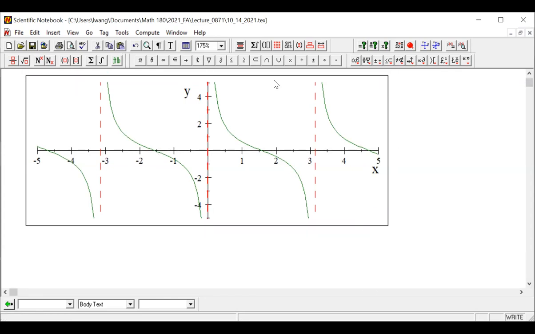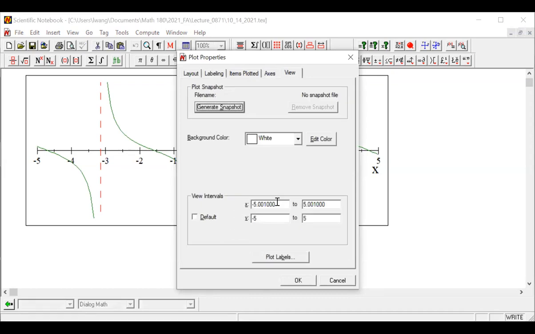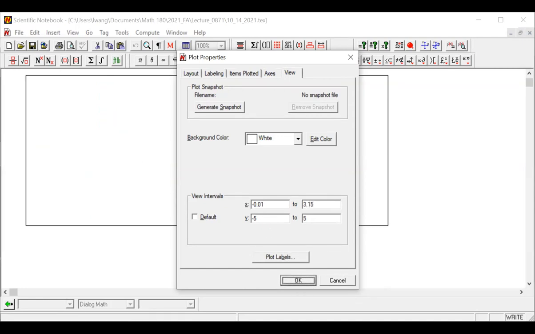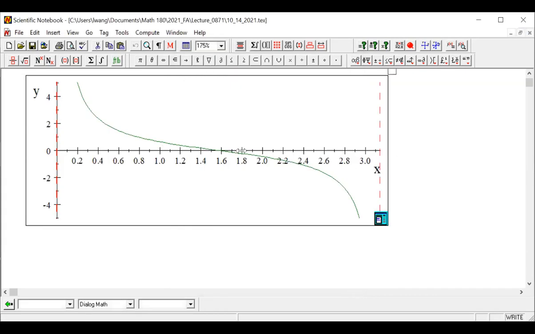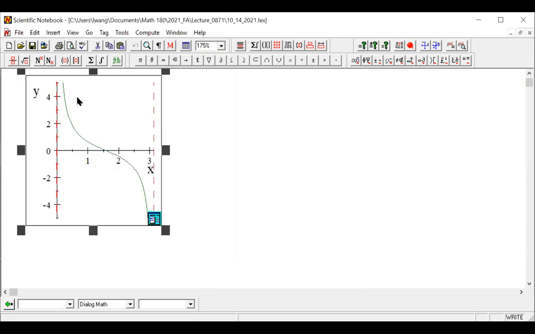I'm going to truncate by limiting the view. That's the piece we have left after the truncation, between 0 and pi.